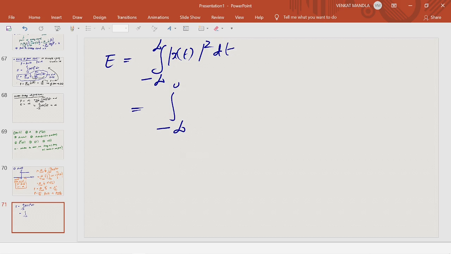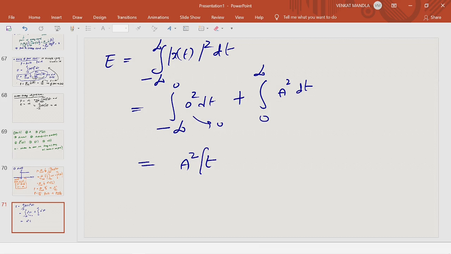Integral of minus infinity to 0, x of t is 0, so 0 square dt, plus 0 to infinity, it is a square dt. Magnitude of a is a only. So a square into t, we have to substitute limits 0 to infinity.